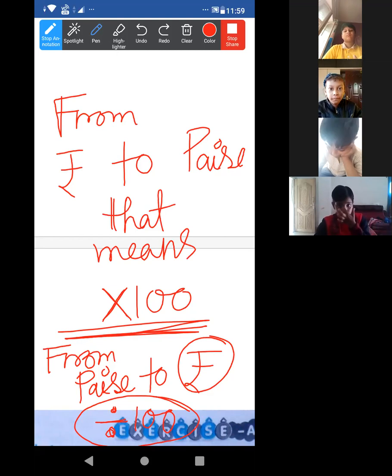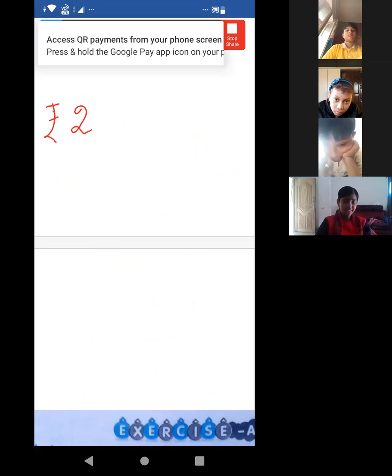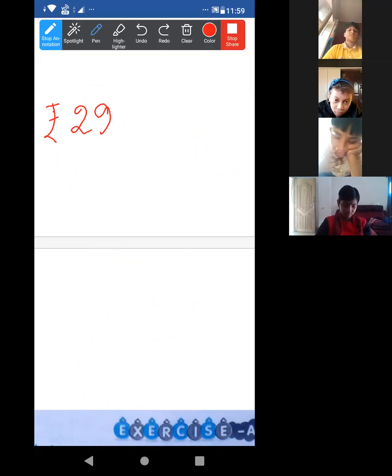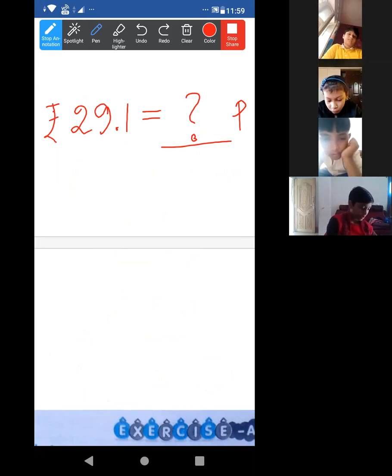Okay. Now I am going to solve it practically. Look, let me take a question. Rupees 29.1 is equal to how much paise? Be careful. Look at this carefully. Already one decimal point is present over there.